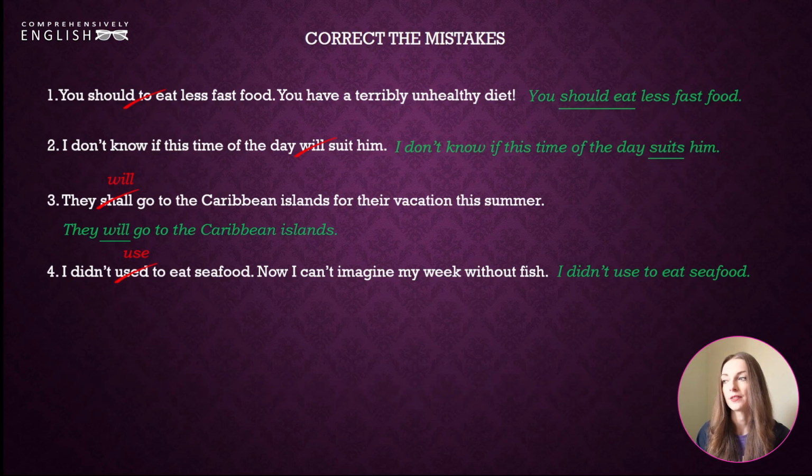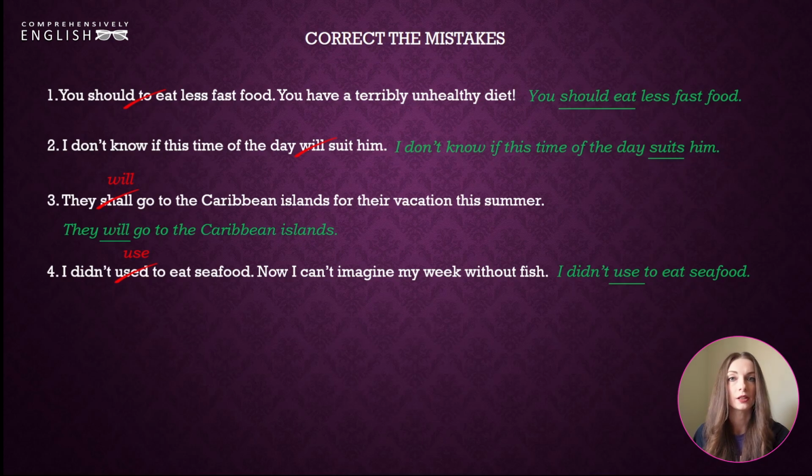So when you have a negative sentence, I didn't, you should treat it just the way you treat any other verb, not a modal verb, yeah, in the language. That is, you drop the ending ed. I didn't use to eat seafood.